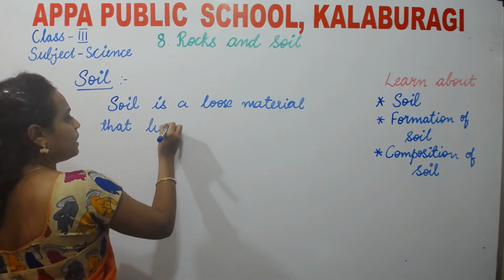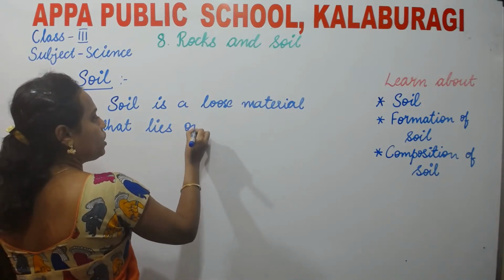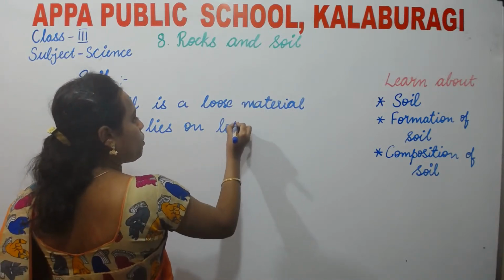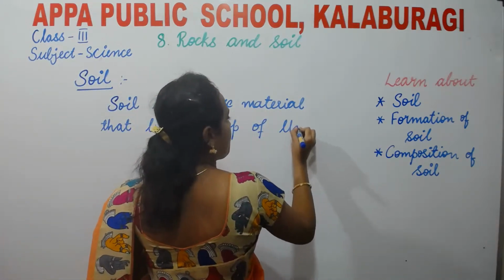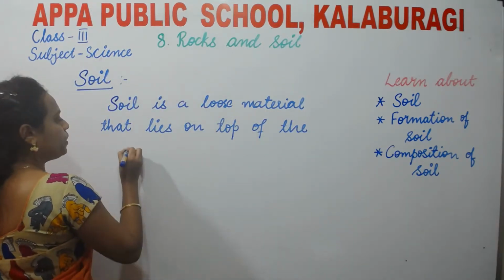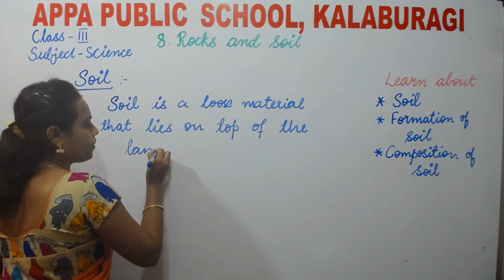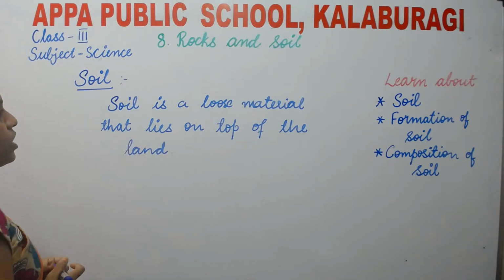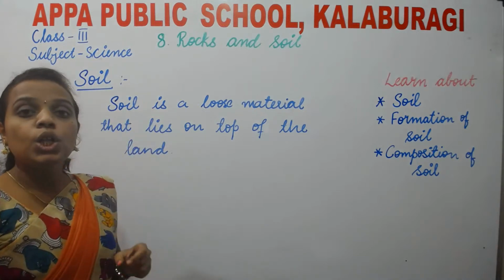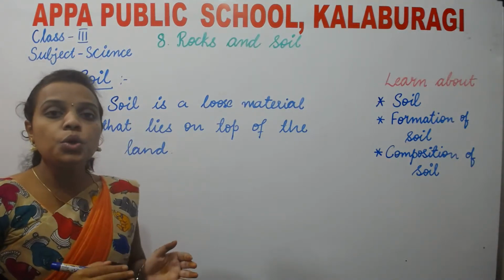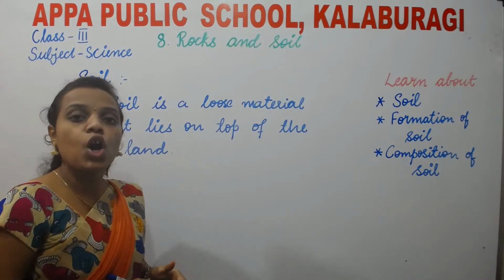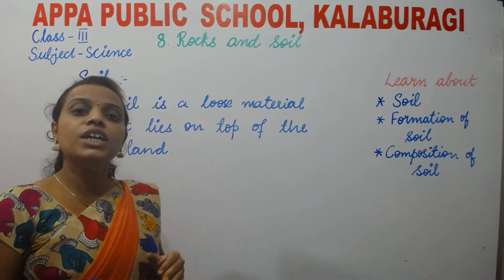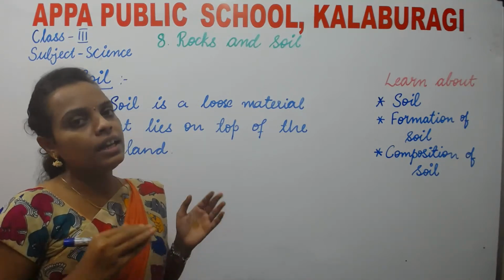So what is soil? Soil is a loose material. Where does it lie? Yes, it lies on top of the land. It is the topmost layer of the land.